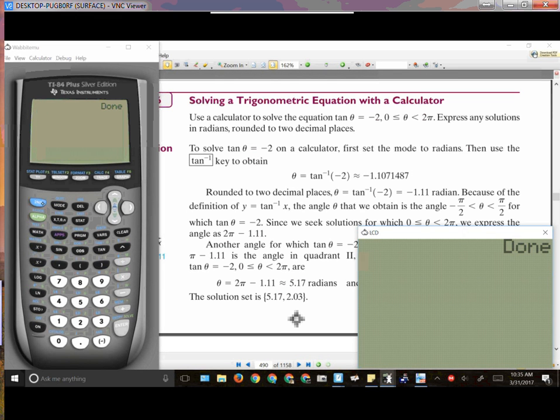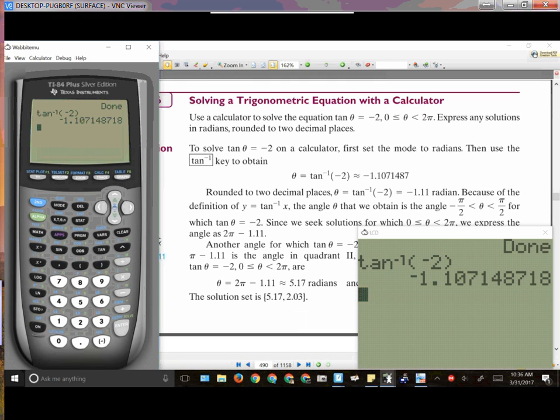So, we go second, inverse tangent of -2, close it, and I end up with that value. It says rounded to 2 decimal places, so I would end up at -1.11. Okay. Is that the only place that tangent would be at -2?